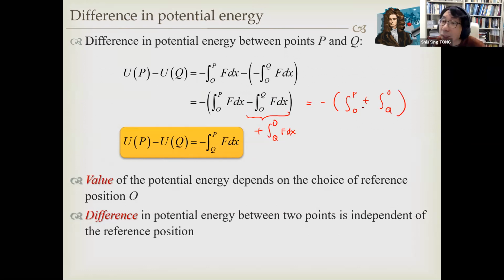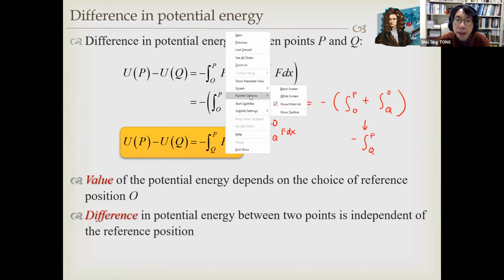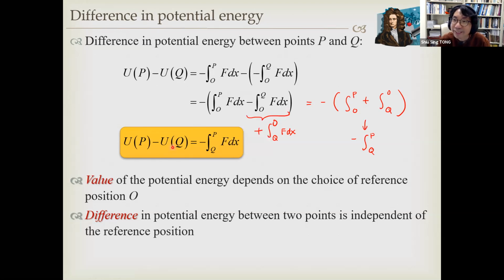So the areas just add up. That is equivalent to integrating from Q to P, which is this integral. So that is how we calculate the potential energy difference between the two points P and Q.